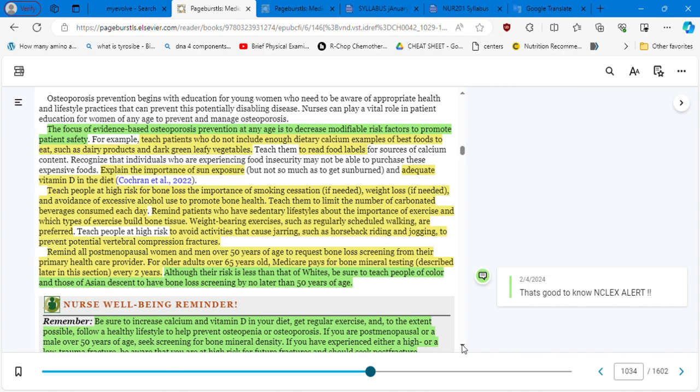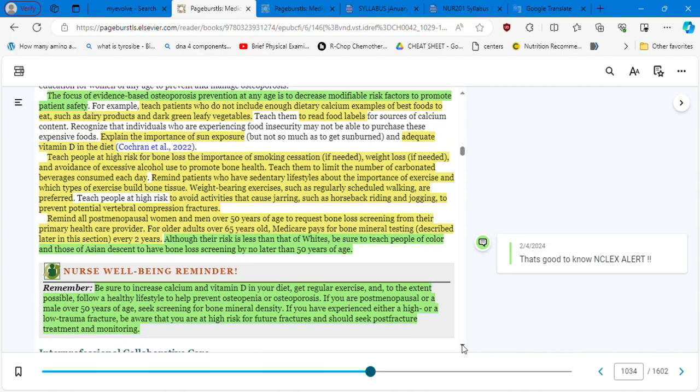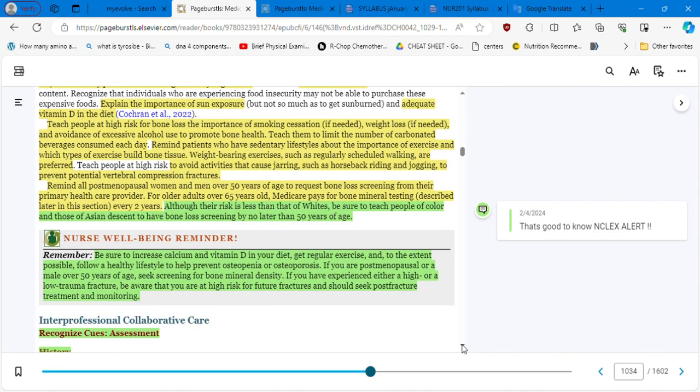Teach people at high risk for bone loss the importance of smoking cessation, weight loss, and avoidance of excessive alcohol, and all the previous factors that we mentioned. Important is weight-bearing exercise, such as regularly scheduled walking, and avoiding activities that cause jarring, such as horseback riding and jogging, to prevent potential vertebral compression fractures, right?